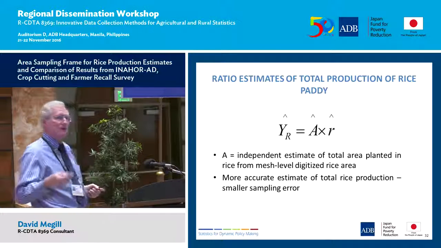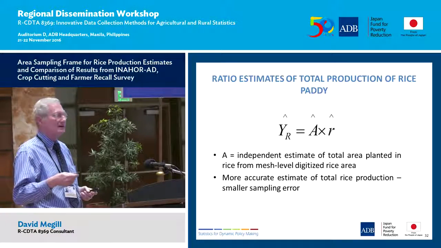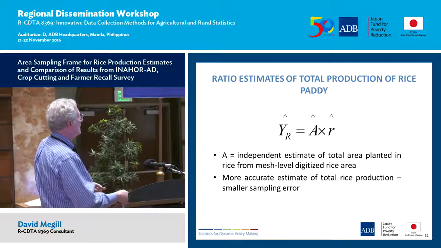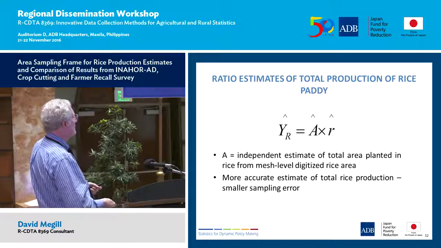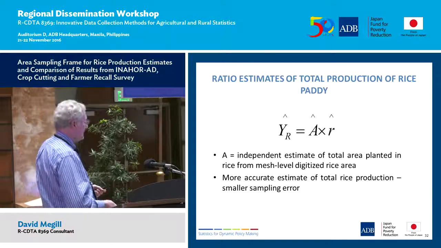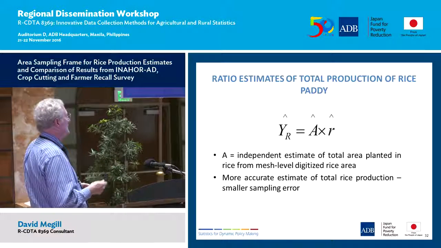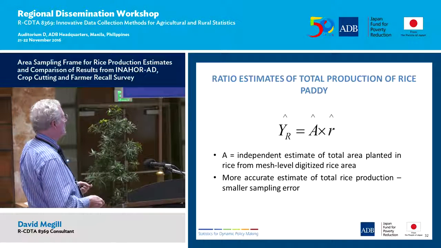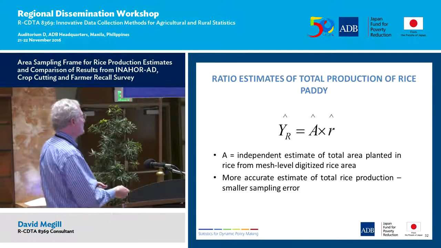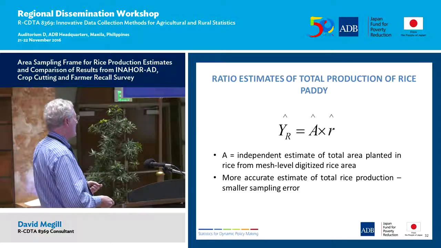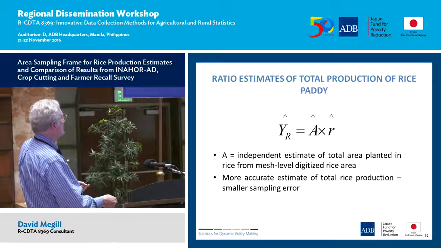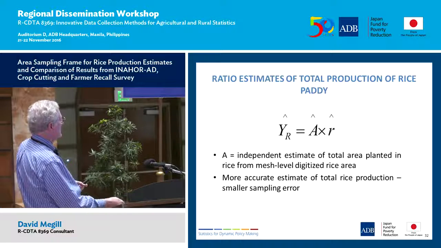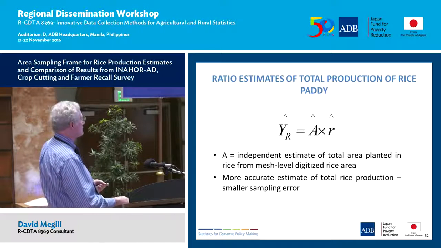Okay, so based on the yield that we get, kilos per meter squared, we can use the area estimated from the mesh level objective measurement in order to improve the accuracy of the estimate of total rice production. So in this case, A is an independent estimate of total area planted in rice, in this case from the mesh level digitized rice area.